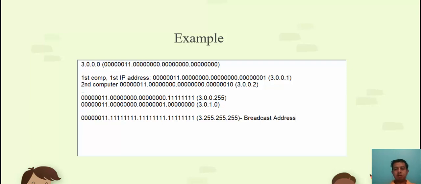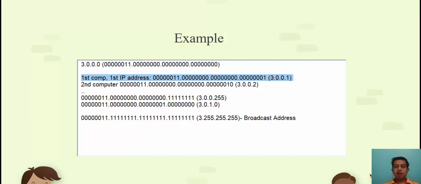What is the meaning of a broadcast address? Broadcast address means if this particular IP address is used as a destination address, that message will be delivered to every node, every host of that particular network. This essentially means that if someone is sending a message with destination address 3.0.0.1, that message will be sent to this machine with the IP address 3.0.0.1.